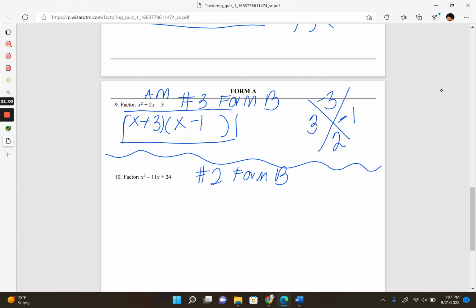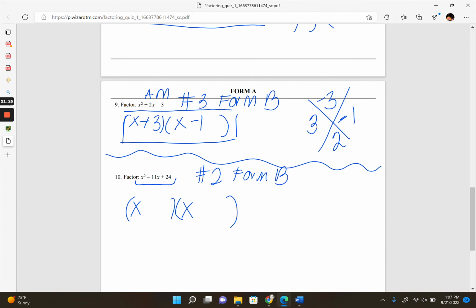There is none. Now we want to see, is it the difference of two perfect squares? That means a subtraction sign, with two perfect squares, two terms. No, it's a trinomial. There are 3 terms. So double bubble, x and x.